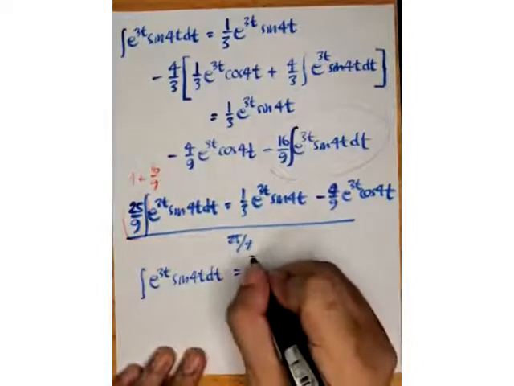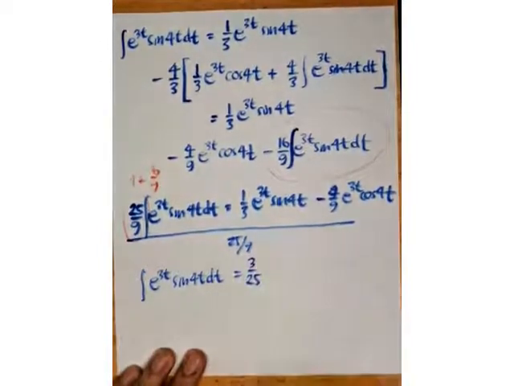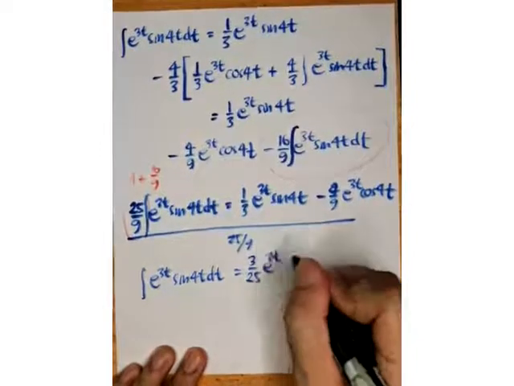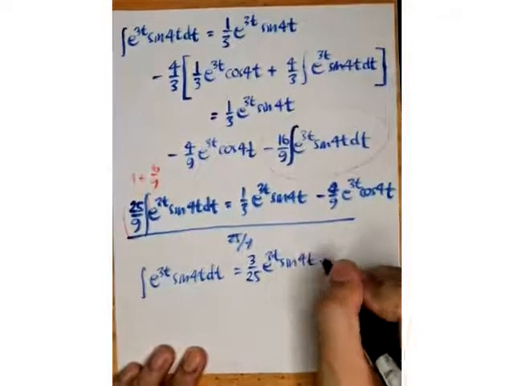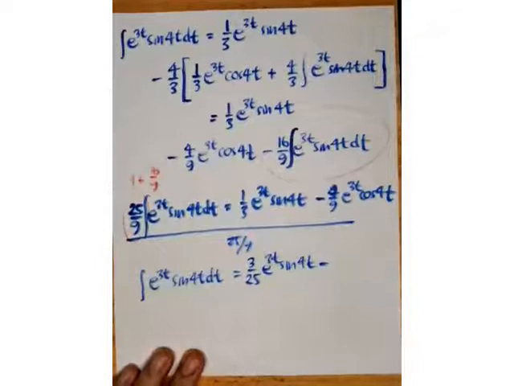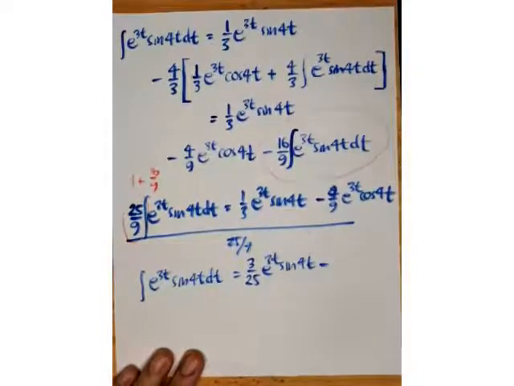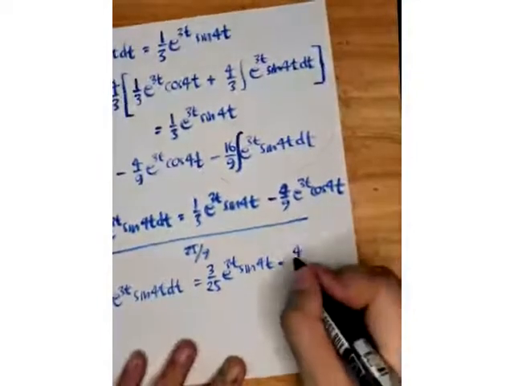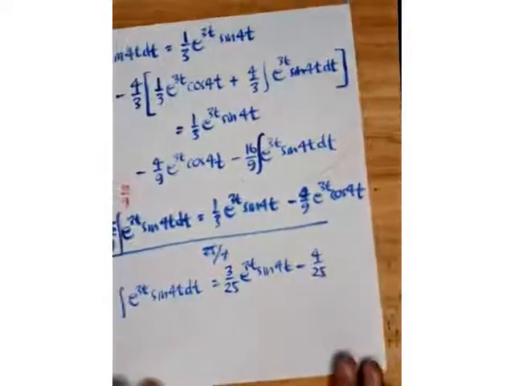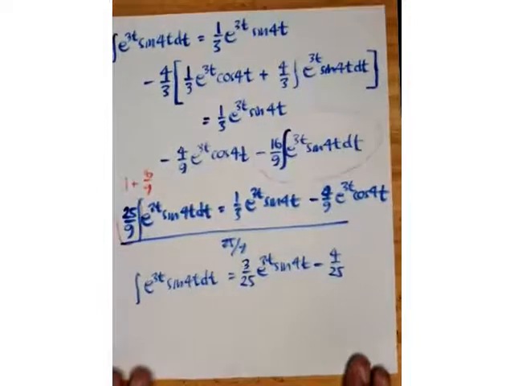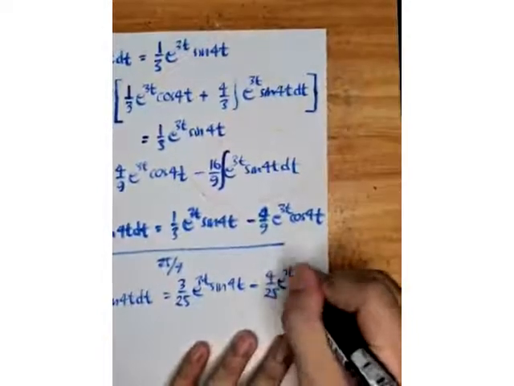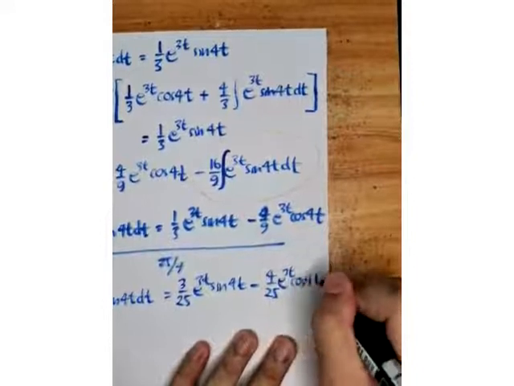Okay, 3 over 25 e raised to 3t sine 4t minus 4 over 9 divided by 25 over 9. 4 over 25 e raised to 3t cosine 4t.